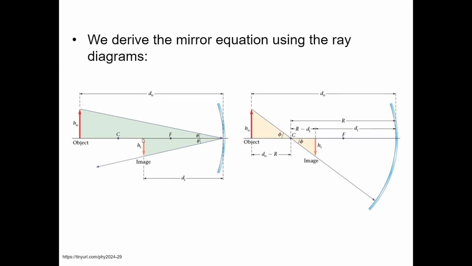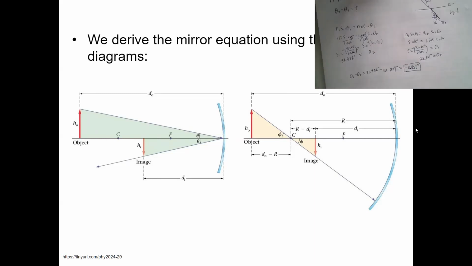Then this little triangle below the principal axis and this larger triangle above the principal axis are two similar triangles, because they are right angle triangles with one angle being the same. With the left figure, you can write the equation according to the similar triangles.